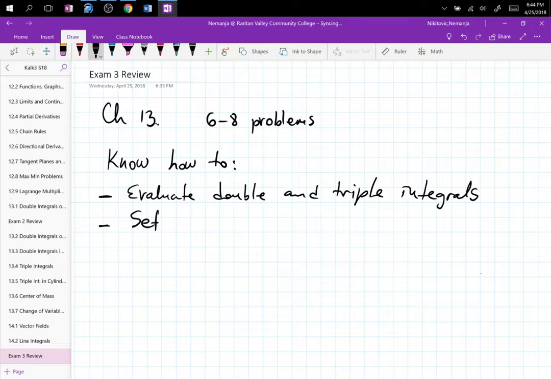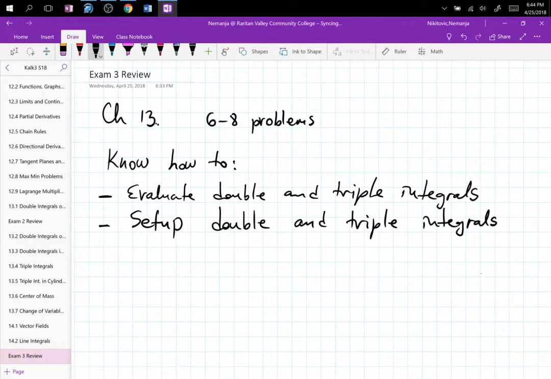And then know how to set up double and triple integrals. Now this is going to branch out.